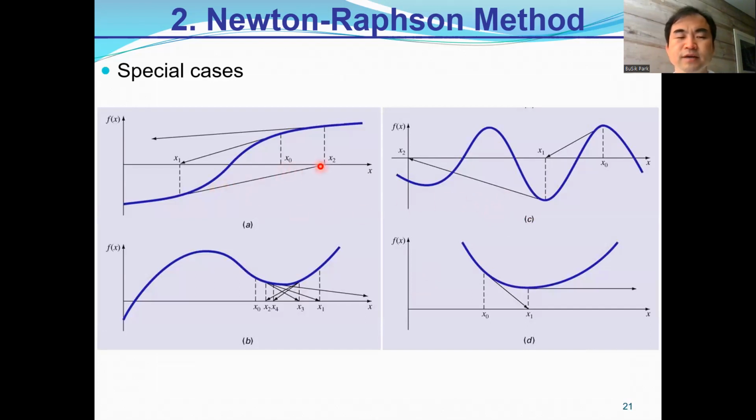Sometimes it diverges. If x0 is here and our root is here, but x1 is here, x2 is here, and x3 is somewhere here, it does not converge, it diverges. This is a disadvantage of the open method.